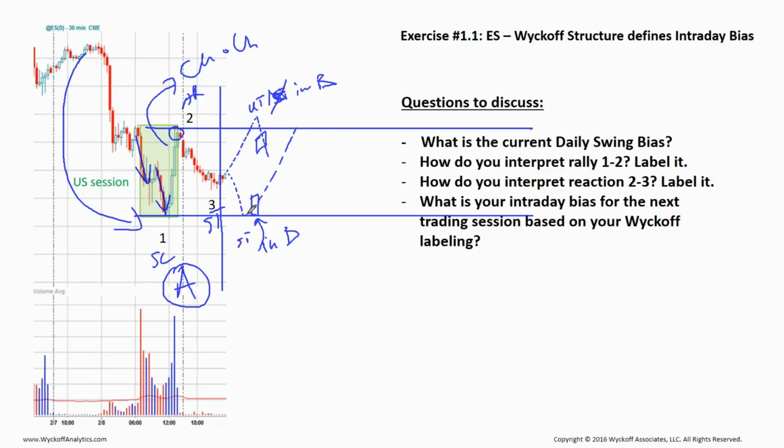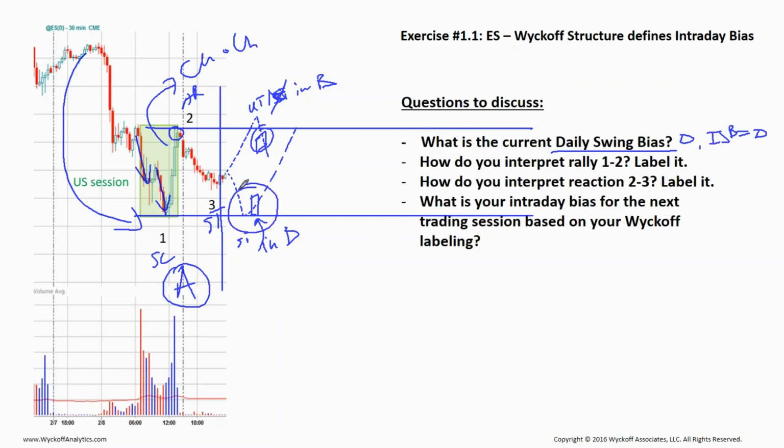Again, these are two possibilities that we might have if it happens during the US session. So we might have a situation when the price goes up, touches the resistance, reverses, and this reversal is going to be an indication for us to establish a position to the downside. And we can do this because the daily swing bias is to the downside, and the intraday swing bias is to the downside as well.